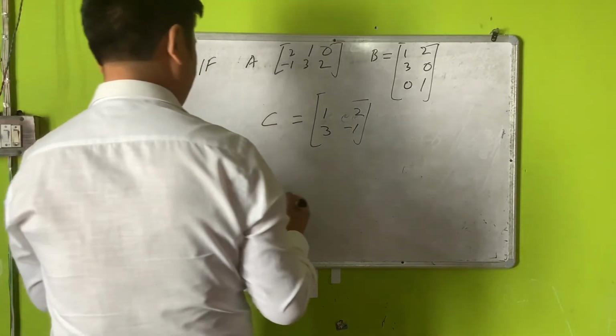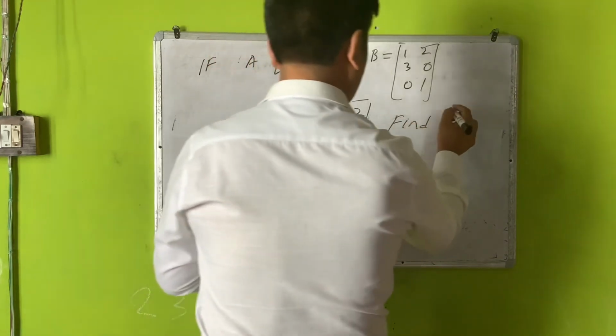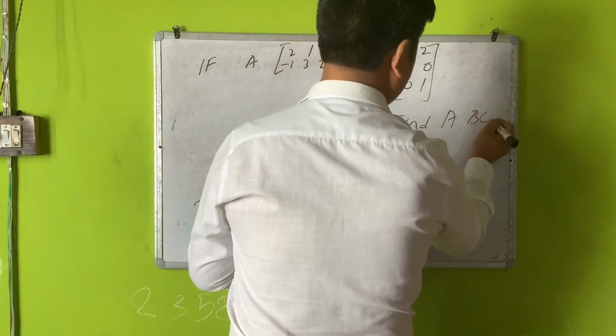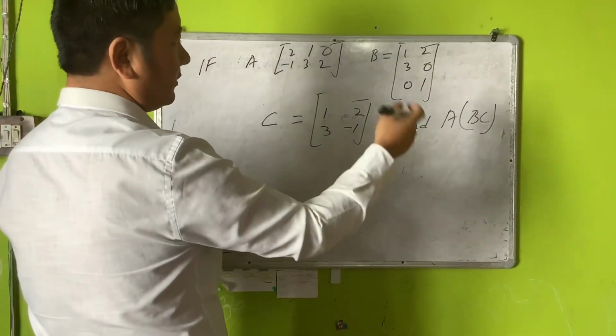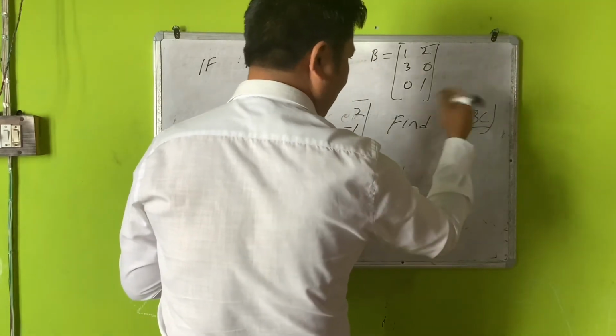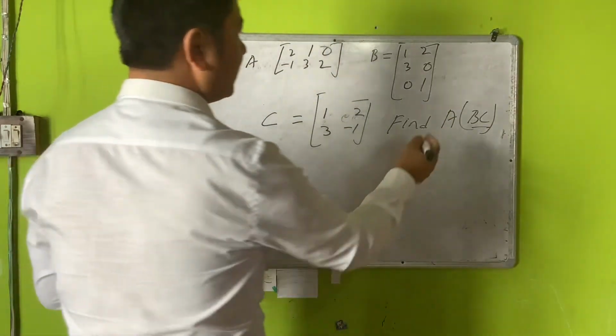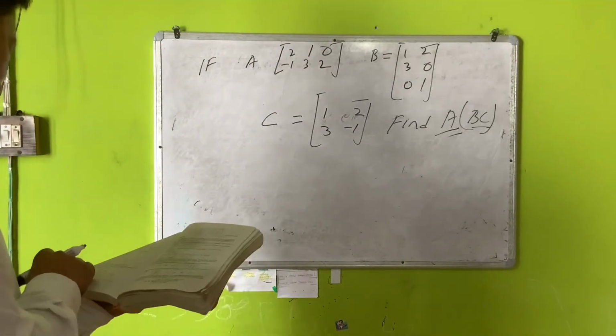Find ABC. First you multiply B and C, then whatever figure comes, you have to multiply with A. So find this at home.